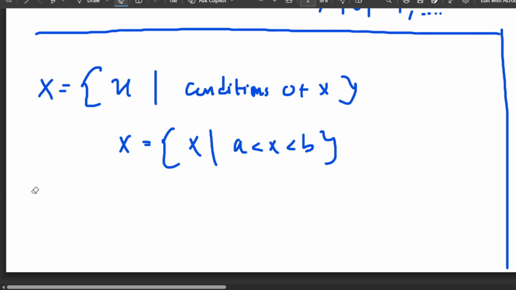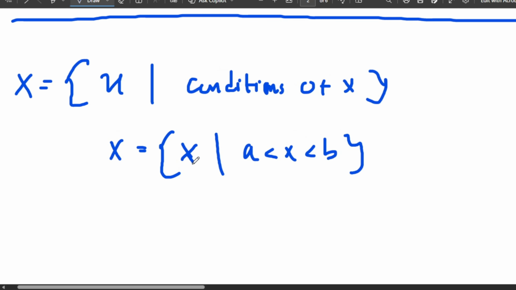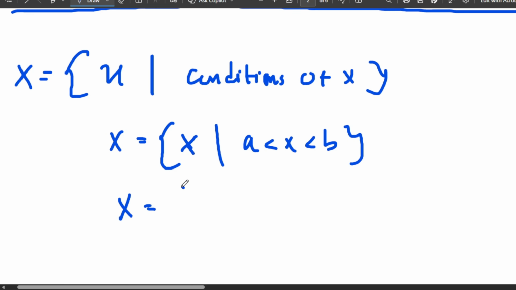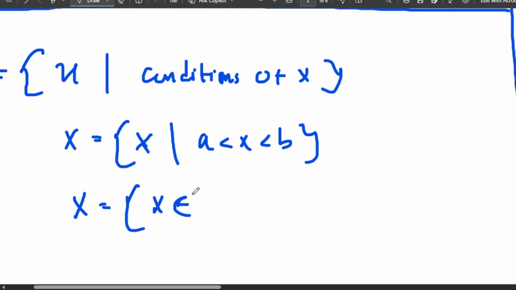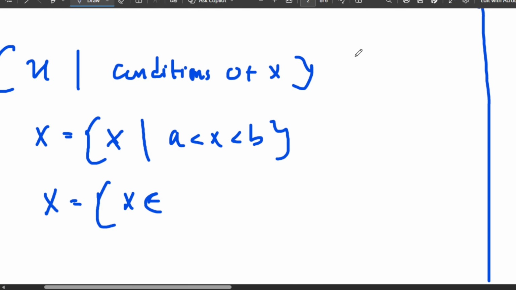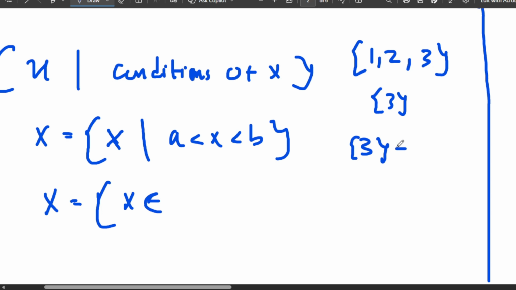And another example would be, since this is just a regular x, what if we put x such that x is in, this is called element. What does an element mean? If we have, let's say, a set or a group of numbers 1, 2, 3, and we have 3 here, then this 3 must be an element of this group 1, 2, 3, because 3 is of course in this group.